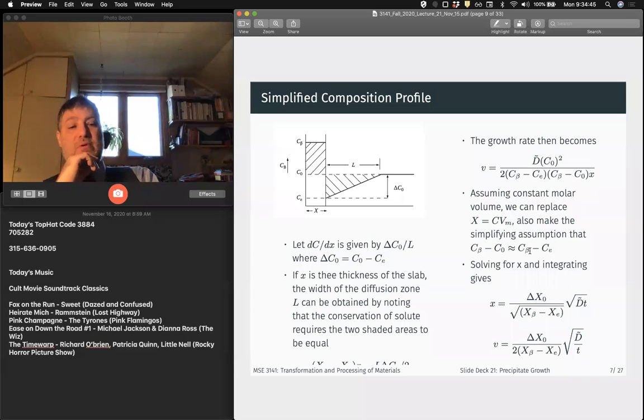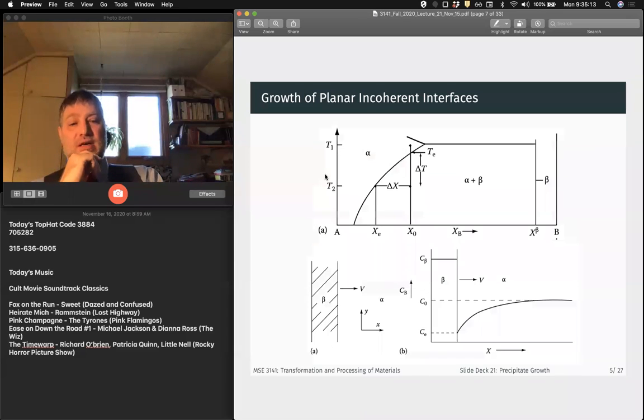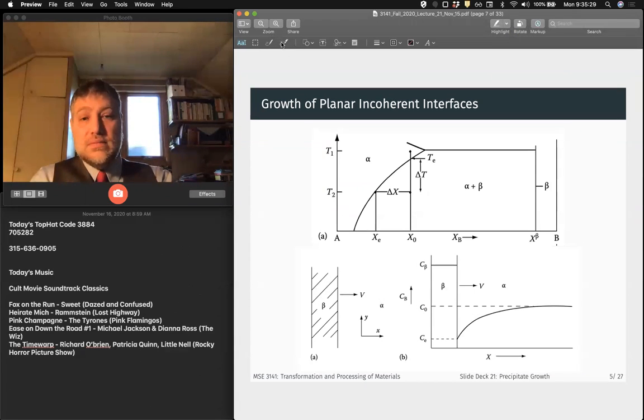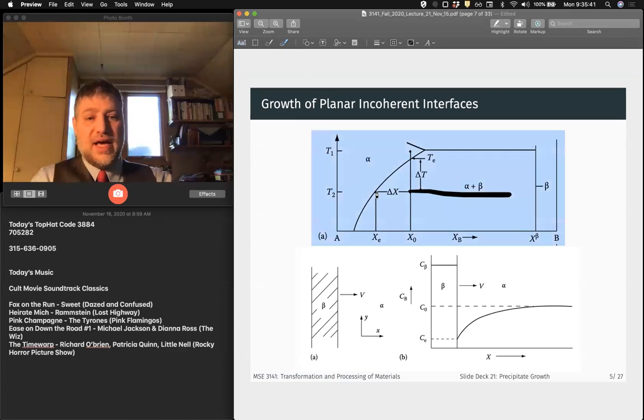And so we can then plug that in and we get a velocity expression that looks like this. And then if we make the assumption of constant molar volume in the two phases, and one more simplifying assumption, that the change in composition from beta to the alloy composition is significantly larger than the change in composition from C naught to CE, which means if we go to our phase diagram, that this length is much larger than this length.